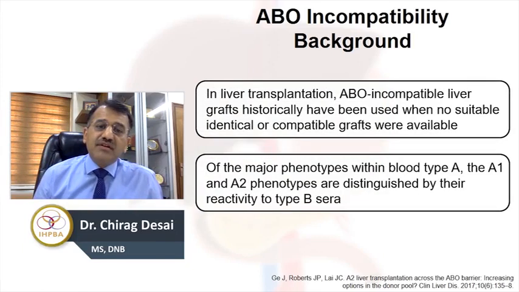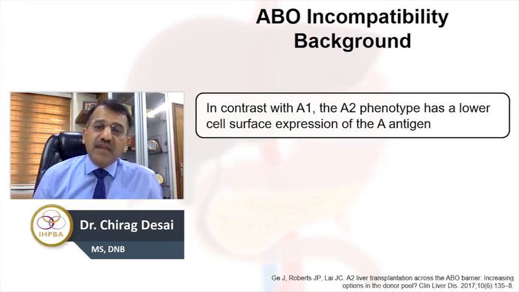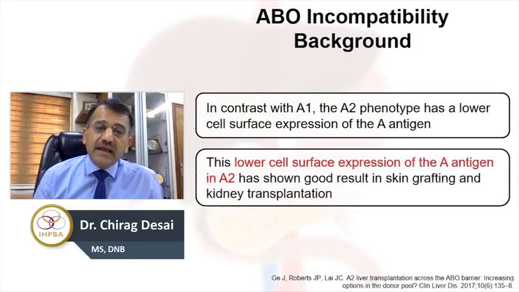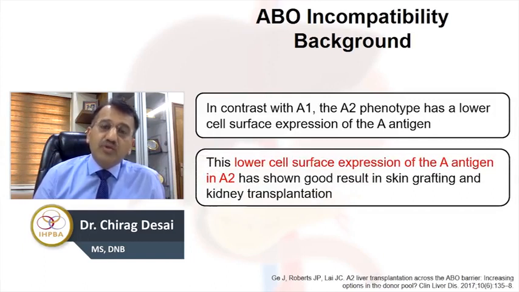Now, of the major phenotype with the blood group A, there are two subtypes, A1 and A2, and it is the A2 which does not react too much to B sera, and hence the lower cell surface expression of A antigen in A2 has been shown to be utilizable and less problematic after transplant.